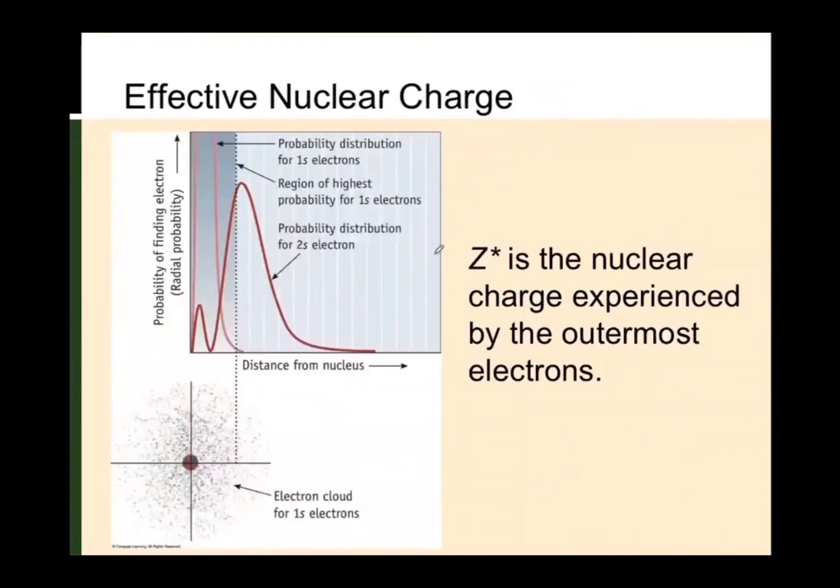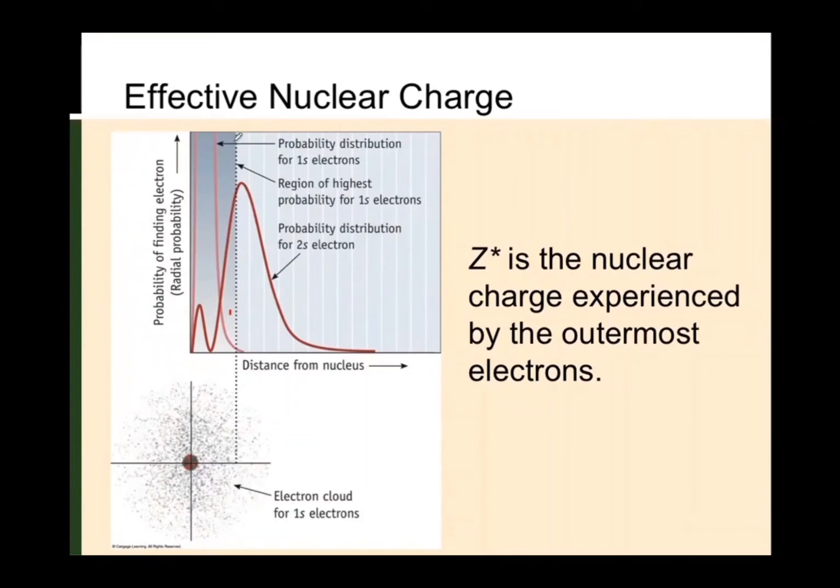We can see here how the effective nuclear charge and the distance are related. As we increase the n number, this lighter red that you can see here is going to be the probability of finding the 1s electrons.